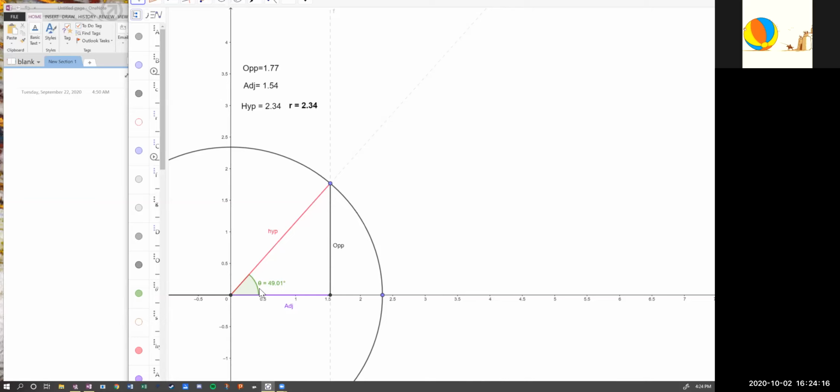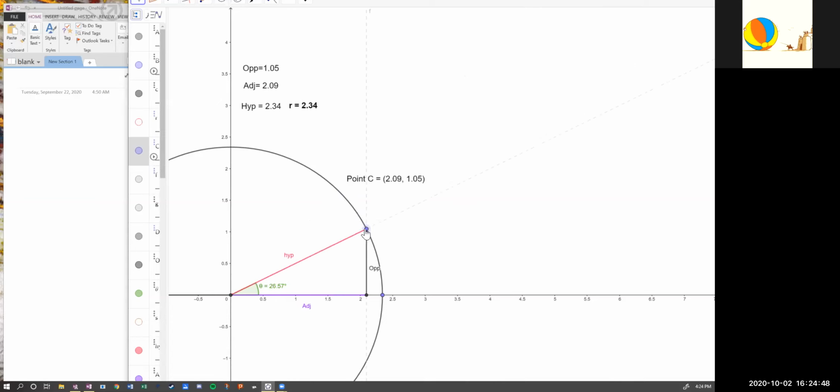Now notice this angle causes this ray to intersect our circle at a particular point. That point, which I'm going to call point C, has some xy coordinates. And the xy coordinates of that point C on the circle, well, let's say at this location, how about that one?